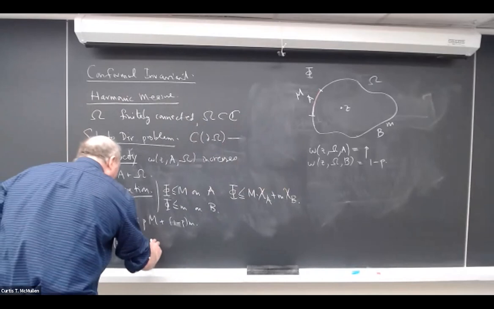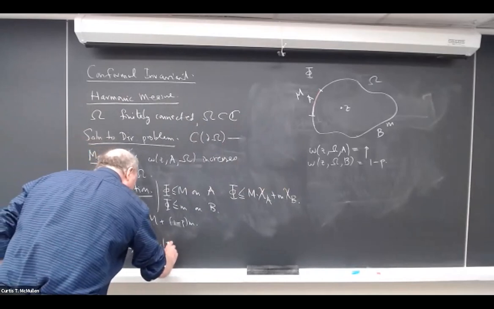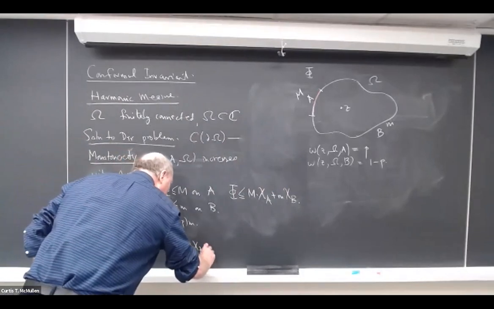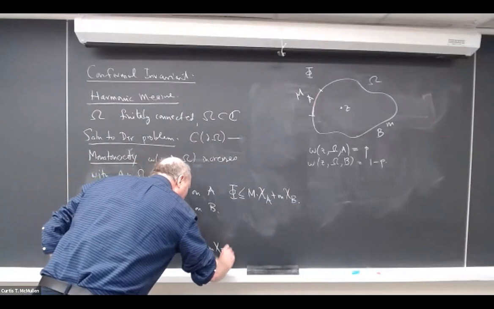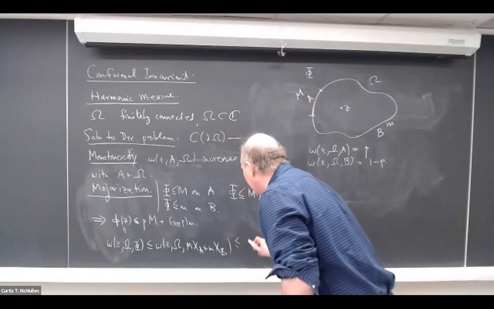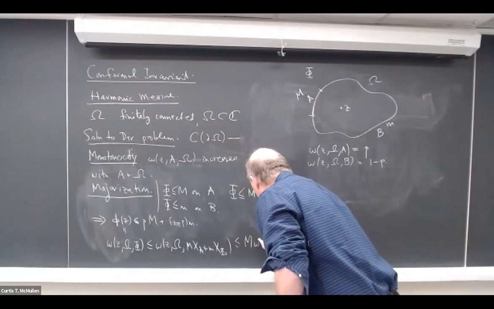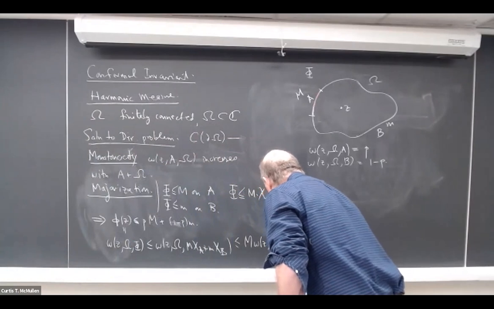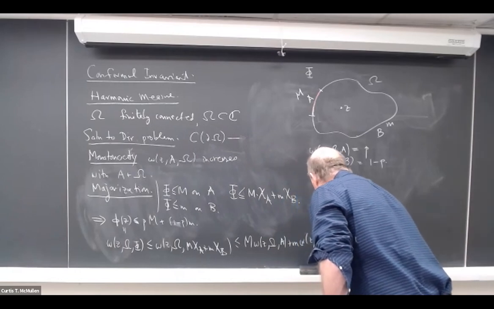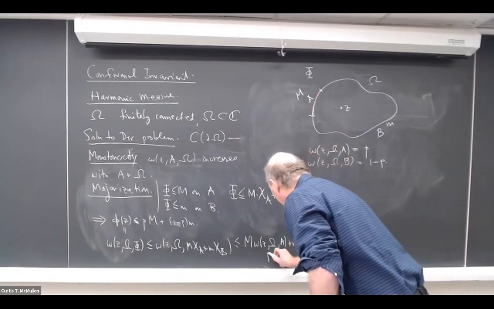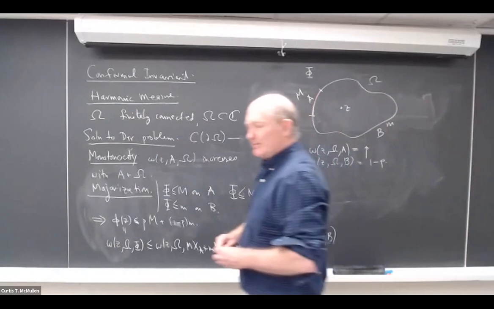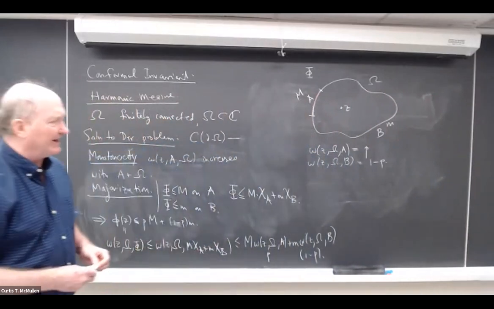By monotonicity, that's less than or equal to omega_z of big M indicator function of A plus little m indicator function of B. But the harmonic extension is linear, so this is less than or equal to big M times the harmonic measure of A plus little m times the harmonic measure of B. And these are p and 1 minus p respectively. So that's the principle of majorization as applied to harmonic functions.